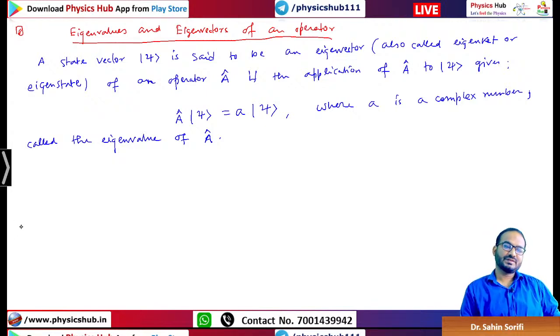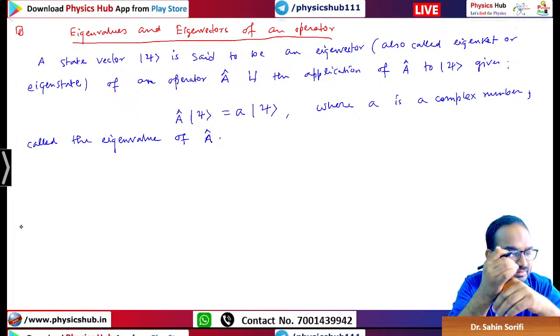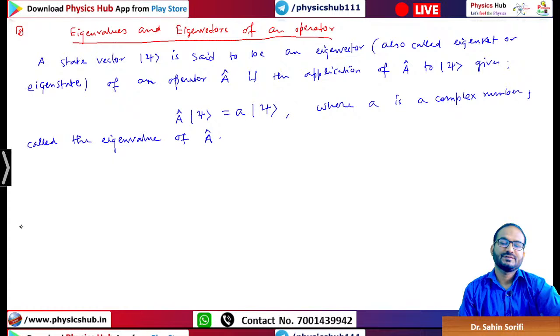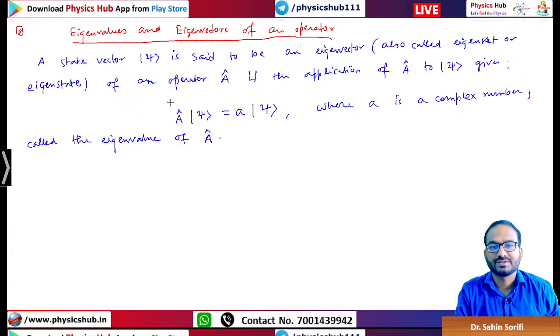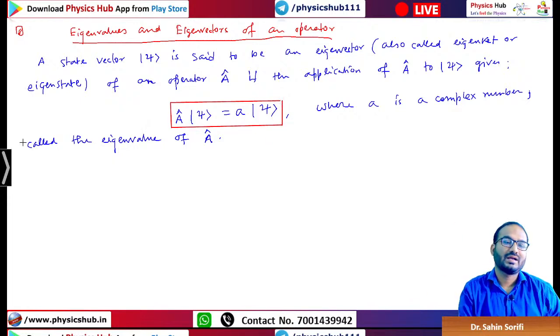This equation is known as the eigenvalue equation or eigenvalue problem of the operator. So if you solve this eigenvalue equation, what you get? You get eigenvalues and eigenvectors.